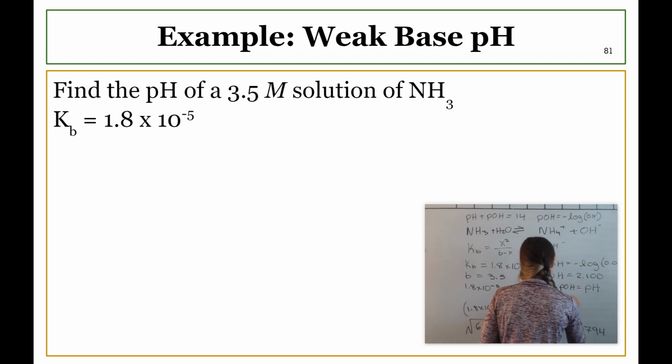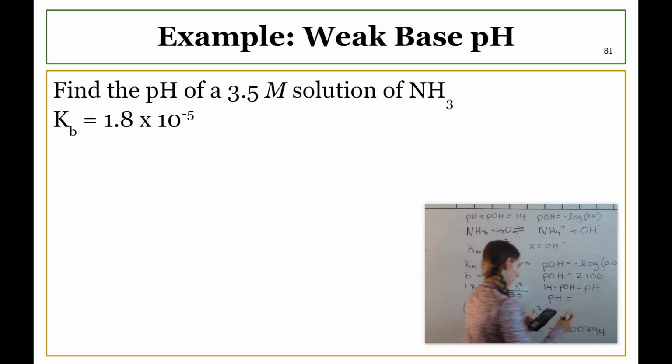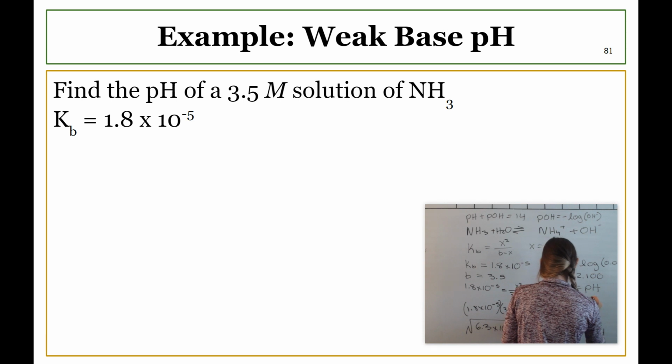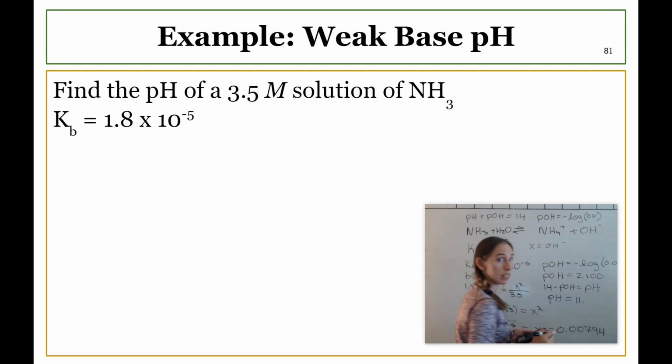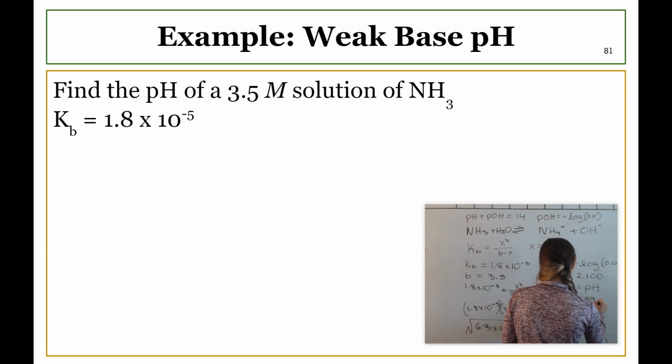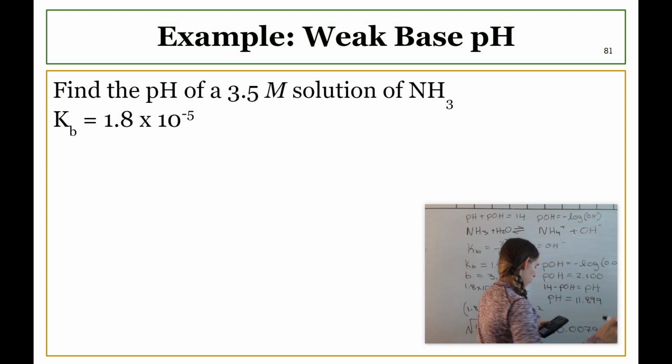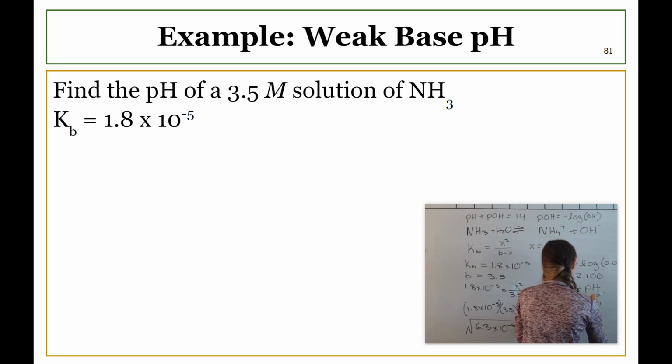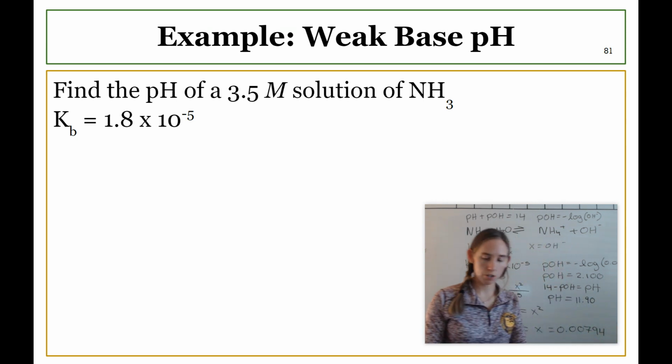And pH then is equal to 11.899. For significant figures, we want two sig figs, which means we need two decimals. So it's 899, which would round up to 11.90. And there's your answer for that problem.